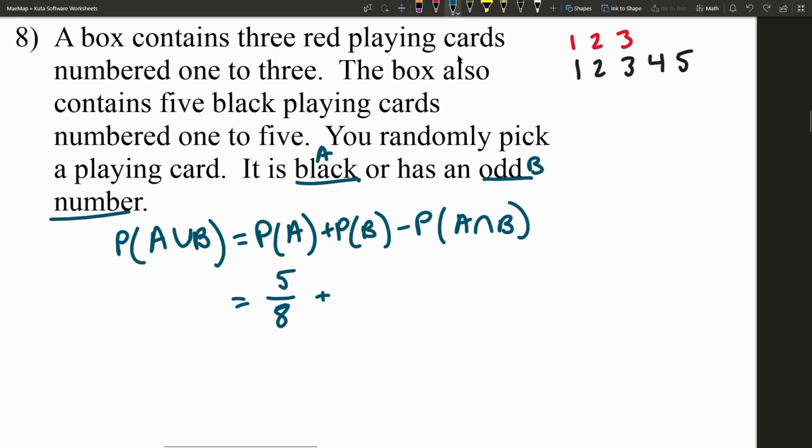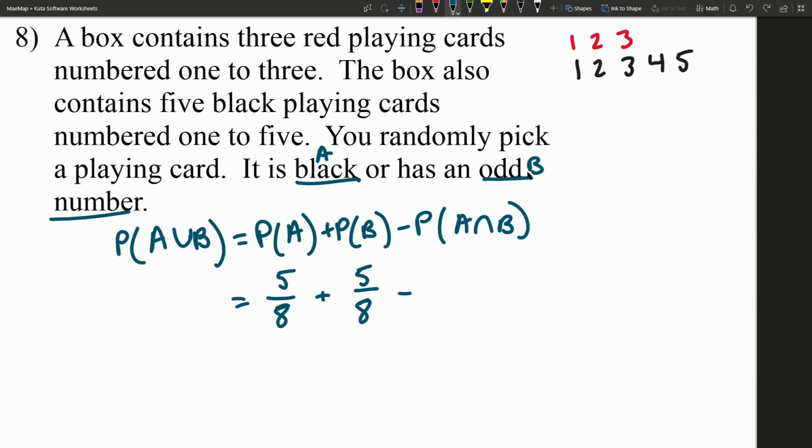So now we know that the probability of getting an odd number is 5/8 as well. But we have to subtract out that intersection, because think about it. We circled all of these if we were to just select the probability that it's black, and then we also circled some of these again that were odd. So we got to take away that overlap that we counted twice.